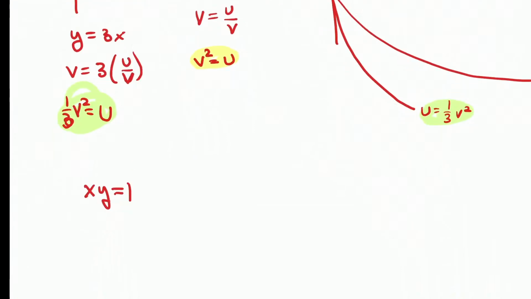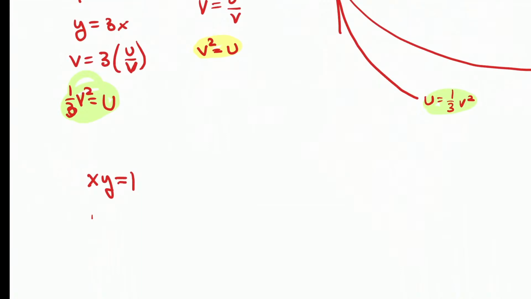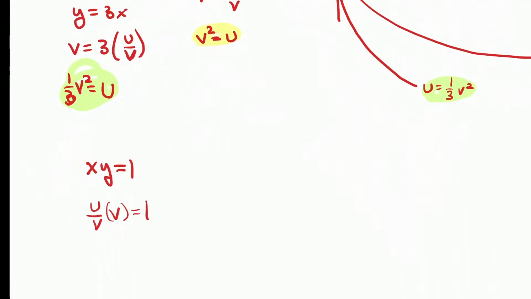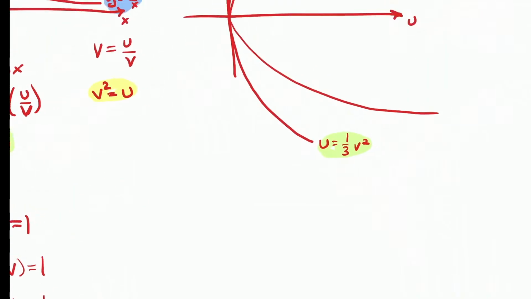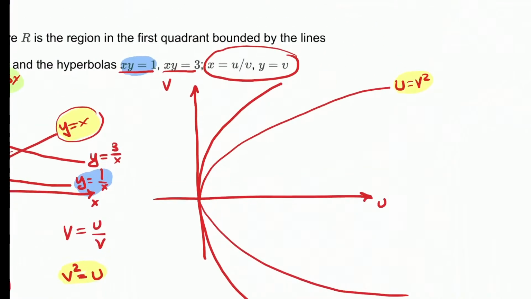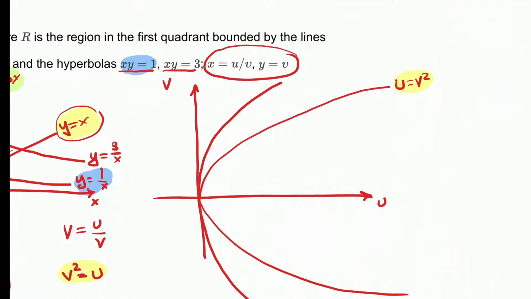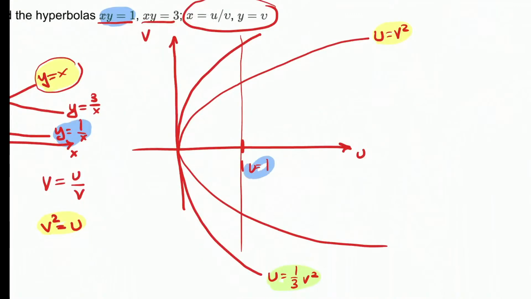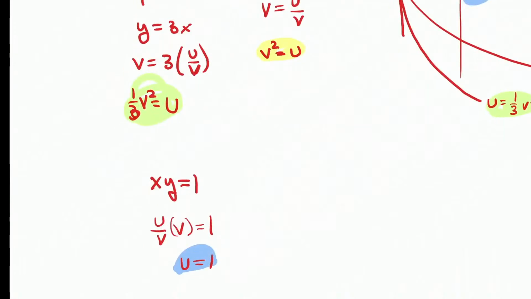And let's do the same transformation. x is u over v, and y is v. Well, that worked out nicely. u is equal to 1. I'm still not happy about this, but okay, let's just put it right here. Put a 1 there. It's u equals 1. That was the blue highlighter.